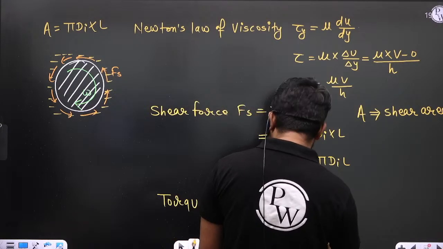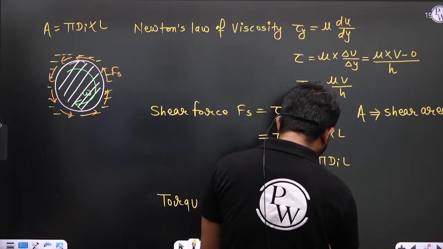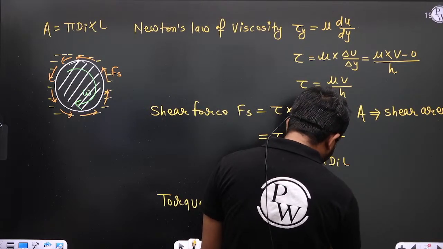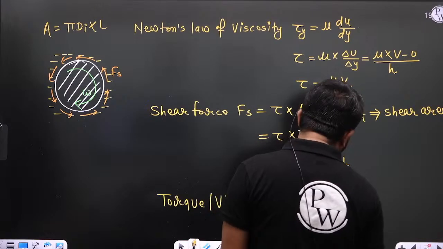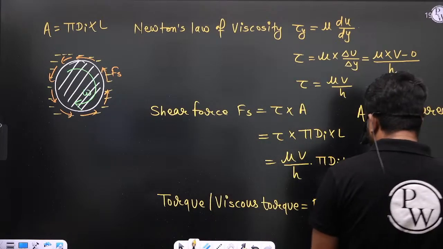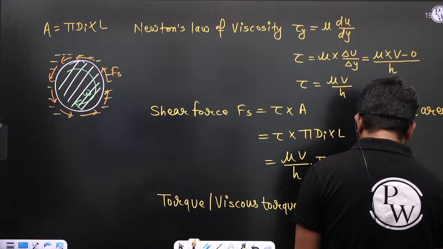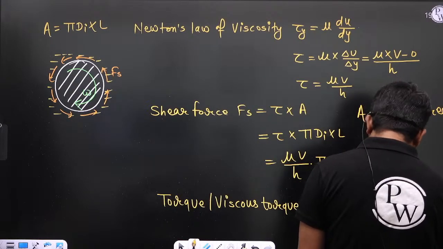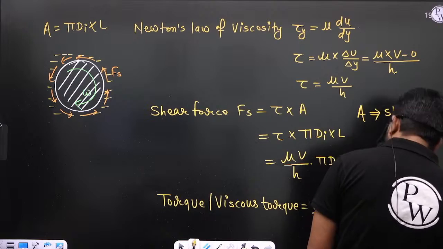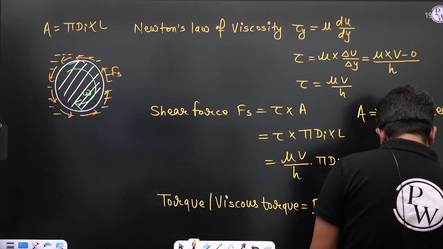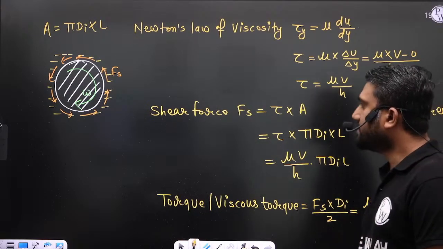So torque is Fs multiplied by Di by 2, since Ri is Di by 2. So we can write this as mu V L pi Di square divided by 2h. So this is the viscous torque.